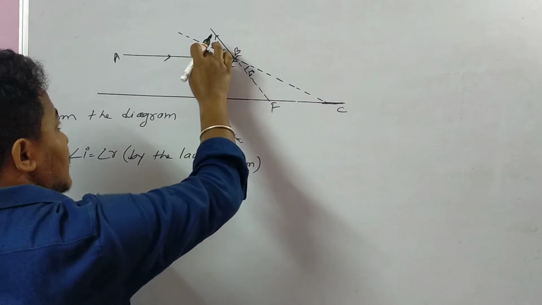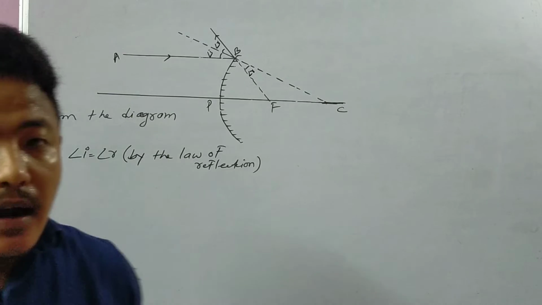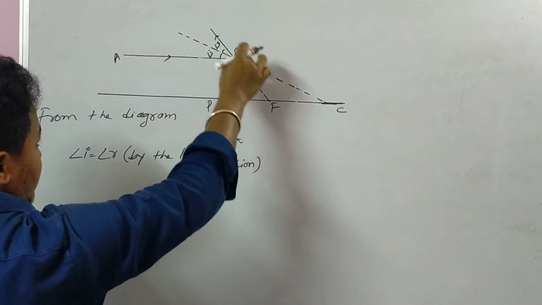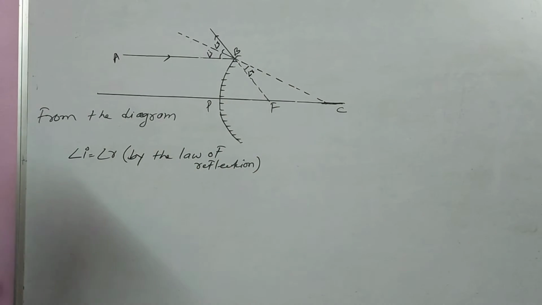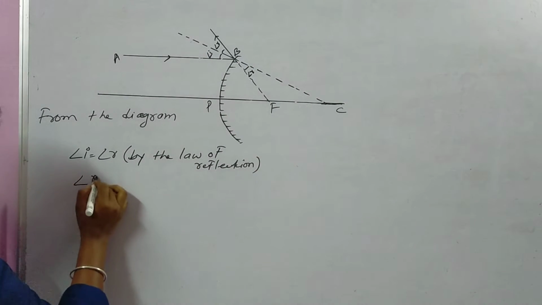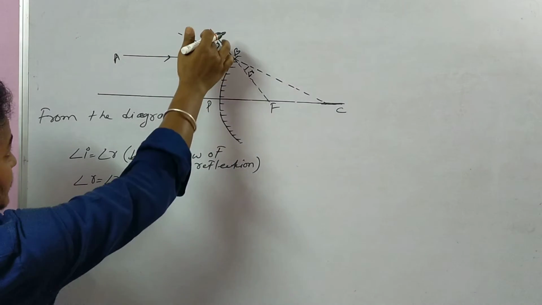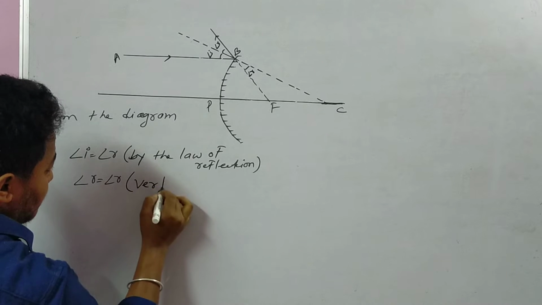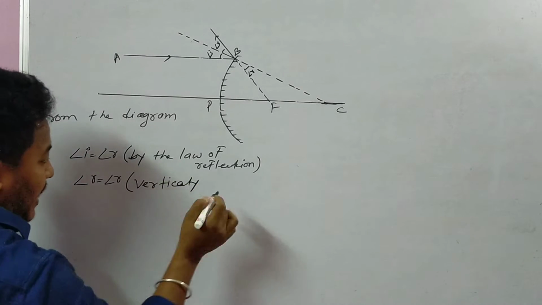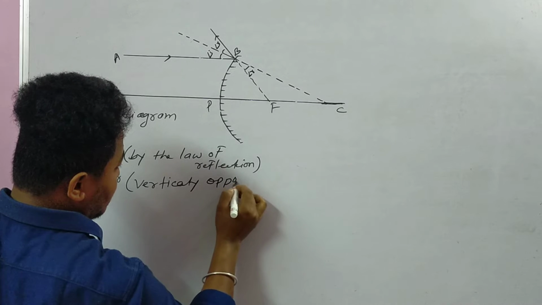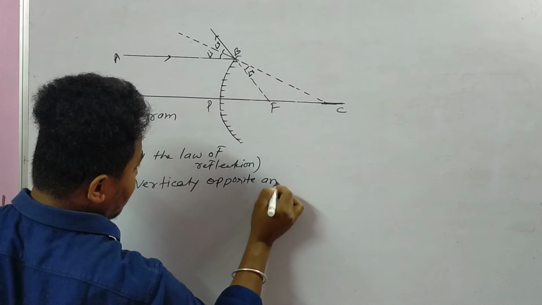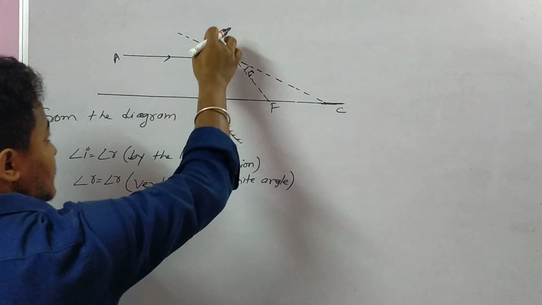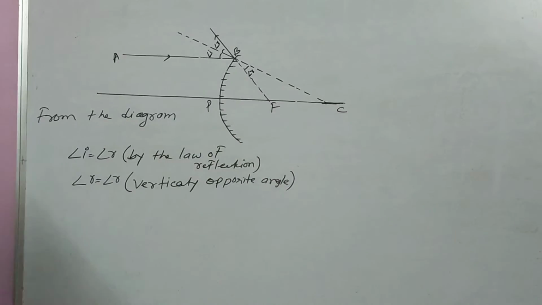This angle I is equal to this angle R. Next, as I told you, if this angle is R, this angle will obviously be R. So angle R is equal to angle R, because they are vertically opposite angles.